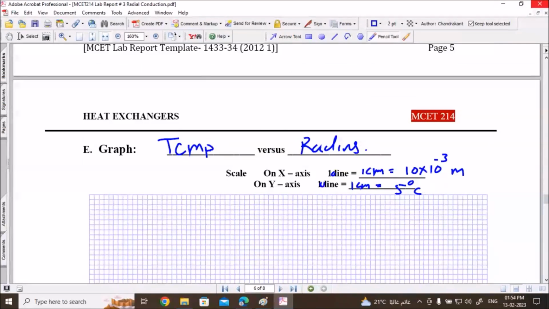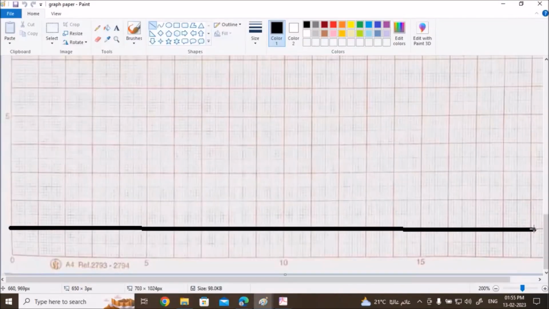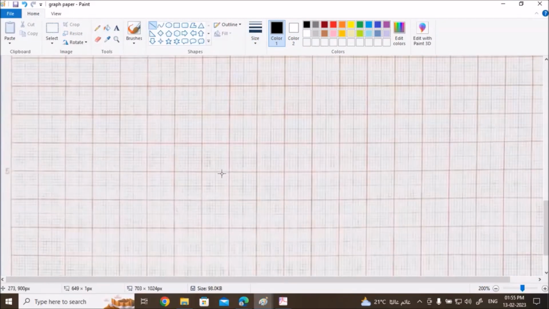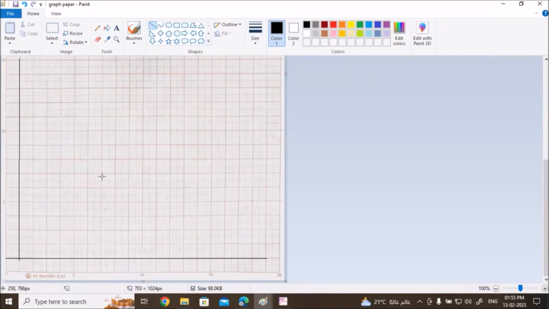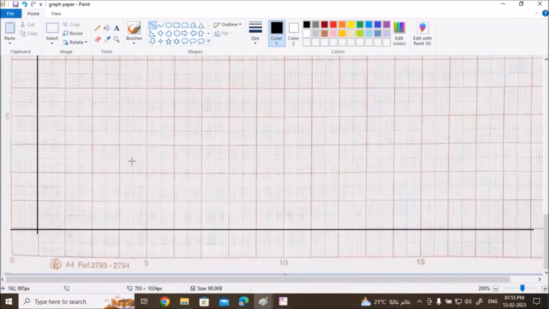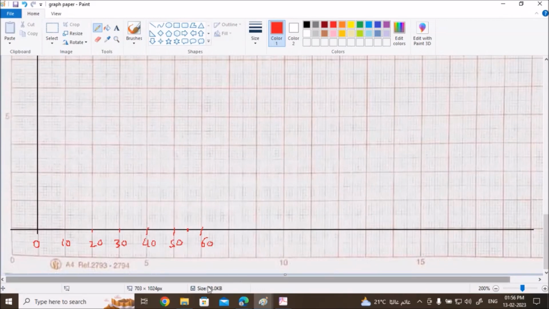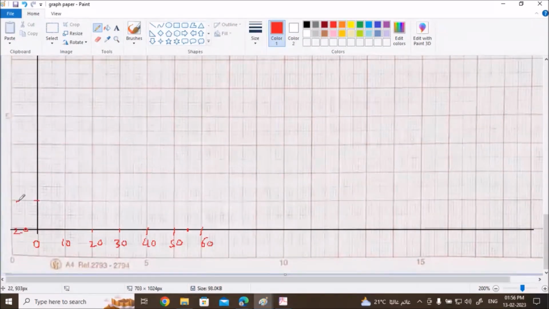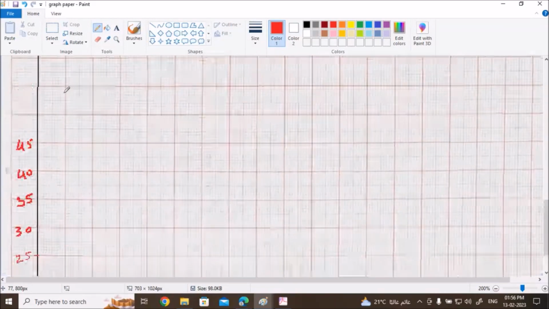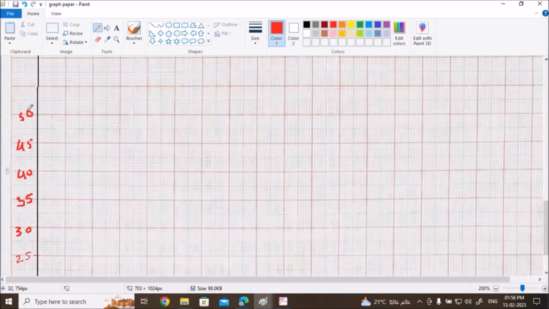This is our 0, 10, 20, 30, 40, 50 plus 60. Last 55 point is here. For temperature, I will start from 20, minimum temperature 25, then 30, 35, 40, 45, and 50 is the maximum temperature.